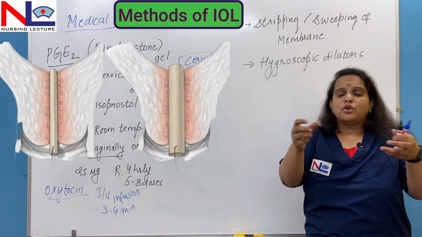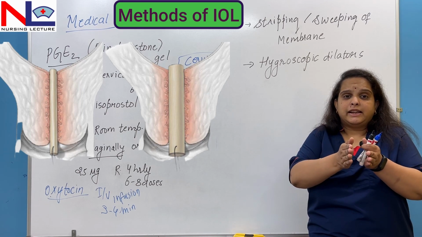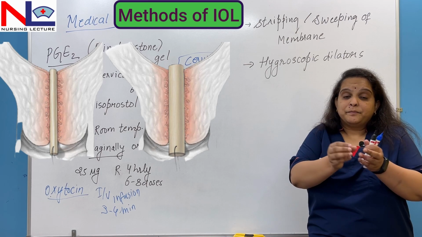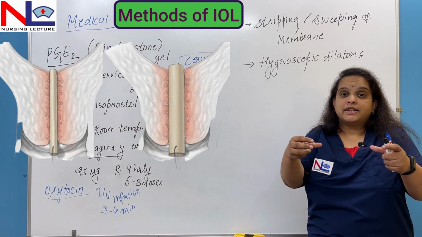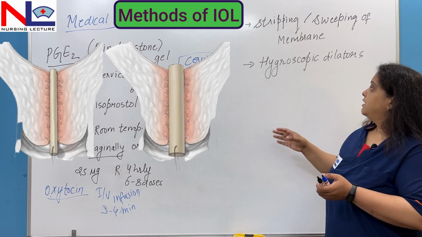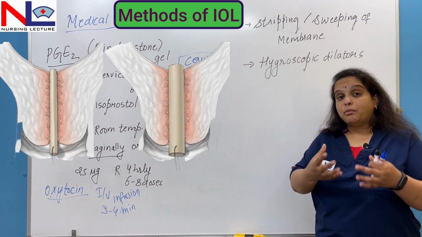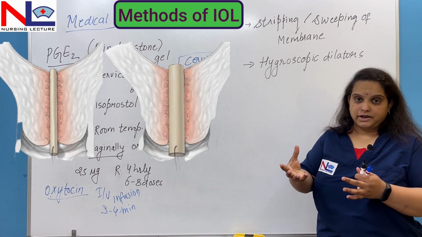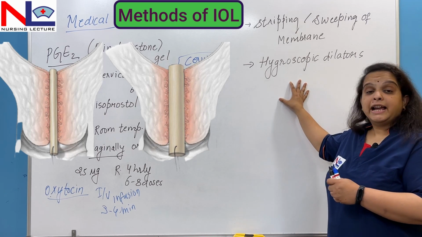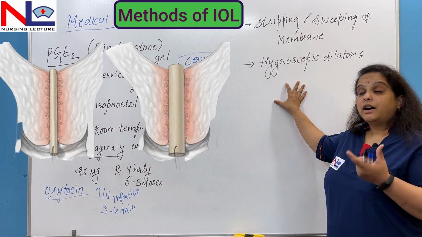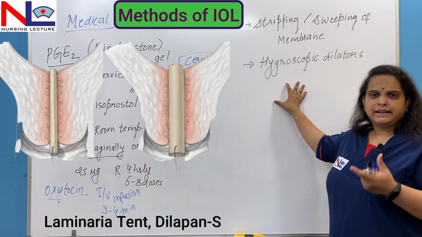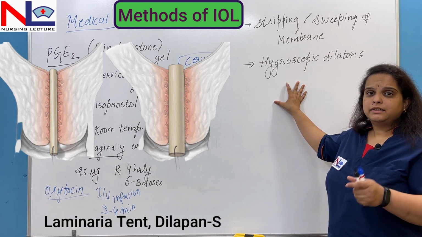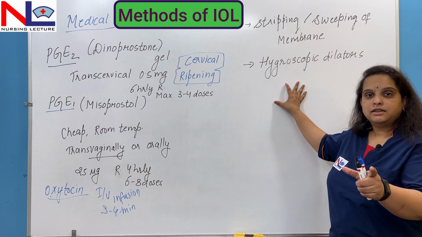Once they absorb water, they swell, and as they swell, the cervix becomes dilatable. But this technique is more effective in the abortion process; it is not that effective in induction of labor. The dilators we can use are laminaria tent or Dilapan. These are natural and synthetic dilators that absorb water and dilate the cervix.